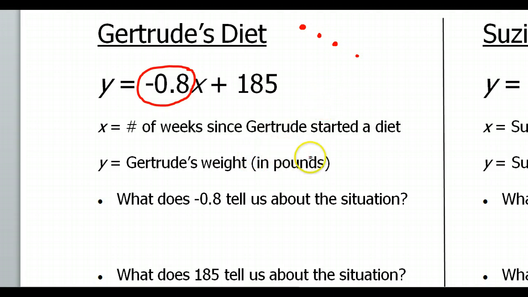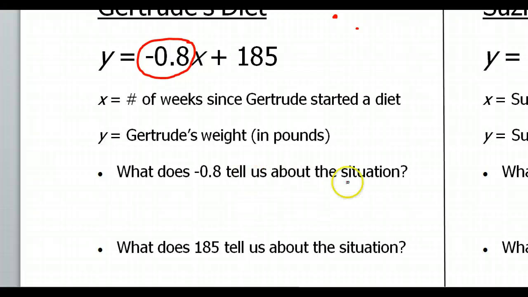And this would be her weight going down every week. So what does the negative 0.8 tell us about this situation? It tells us that Gertrude is losing 0.8 pounds every week. The negative part of it is because she's losing that much weight.